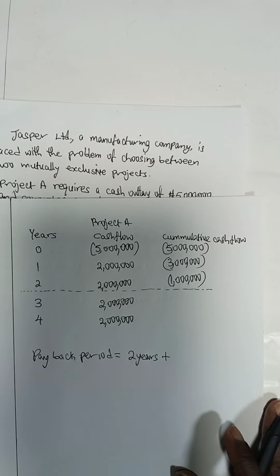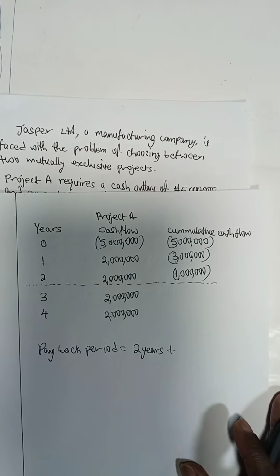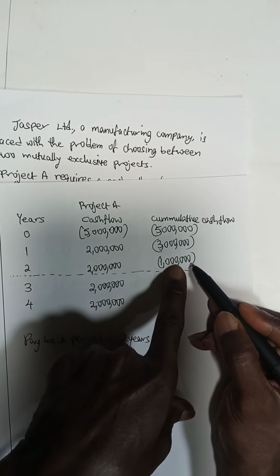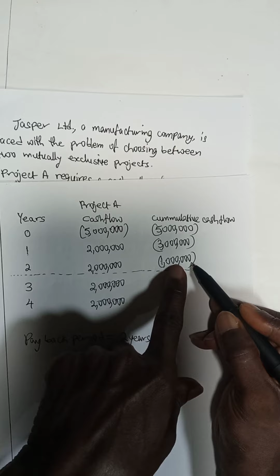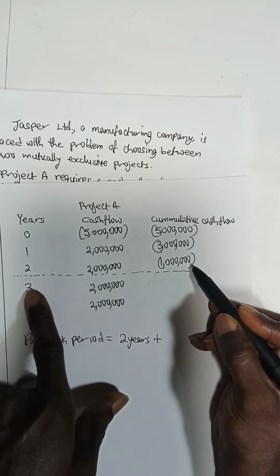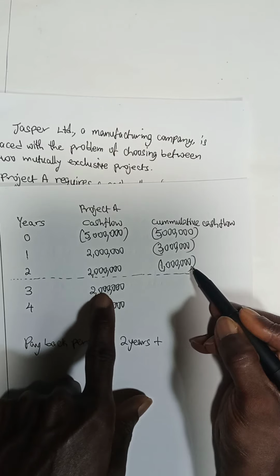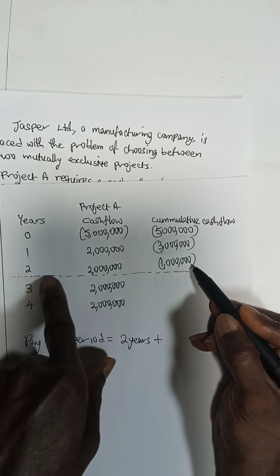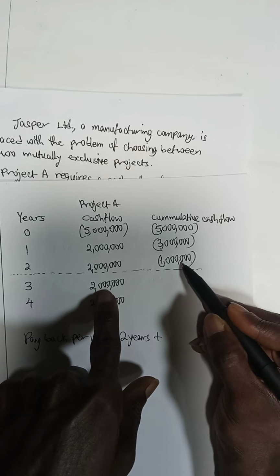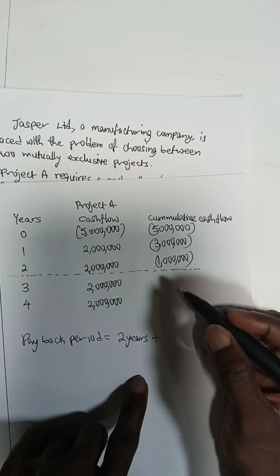Plus this 1 million over the 2 million in year 3. Don't forget we stop at year 2. You cannot reduce this 1 million by this 2 million, so we have to apply a mathematical rule.